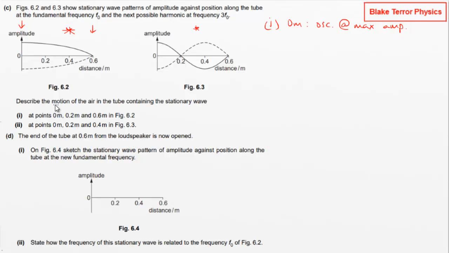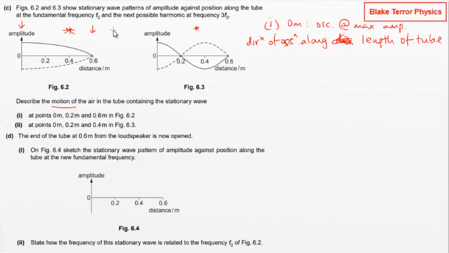And so we want to describe the whole motion of the air. So we're saying it's oscillating a lot, and we also want to say that it is along the length of the tube. It's probably best to say the direction of oscillation. Let's go with that. Oscillation is along the length of the tube.